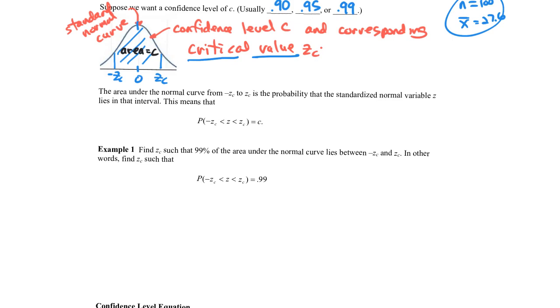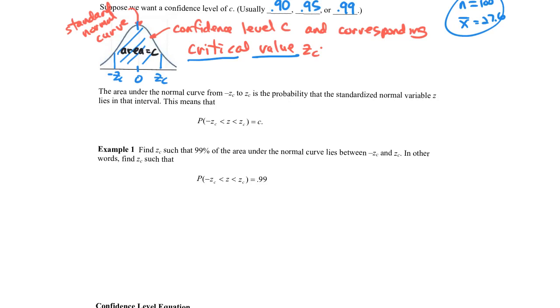So that's all it's saying here. The probability that this z-score is between these two critical values, so let's say -1 less than z less than +1, then this is going to be 0.68, right? So it's just stuff that we already know about this standard normal curve.